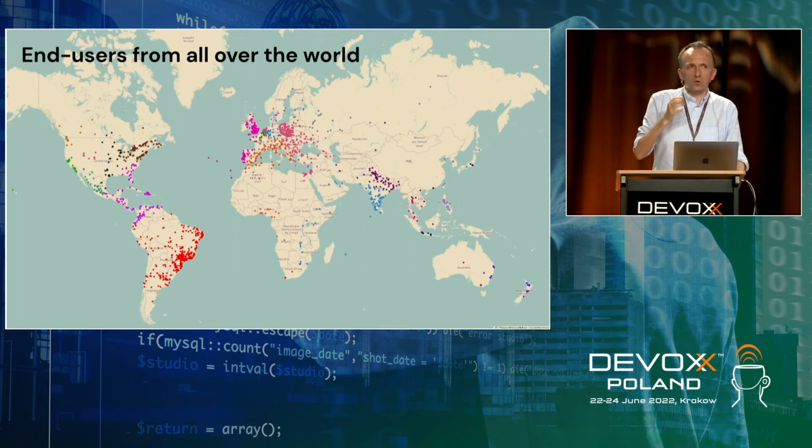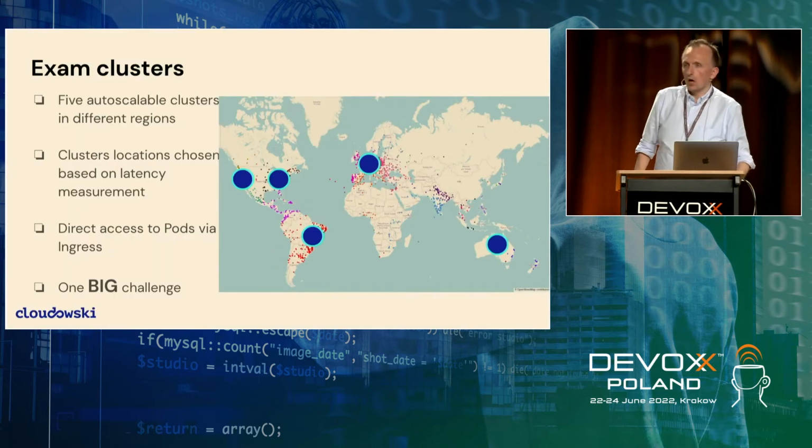We wanted to provide them with their own IDE that was running in the web using, of course, Kubernetes and containers. So we measured latencies and locations for our customers, our candidates, and we decided that we would create 5 clusters in 5 distinct regions.